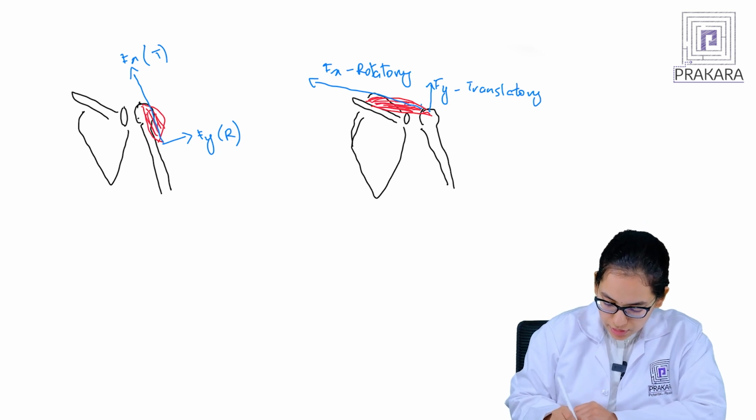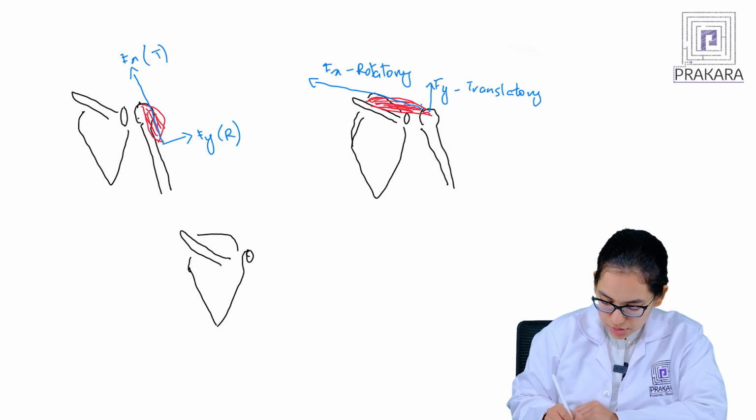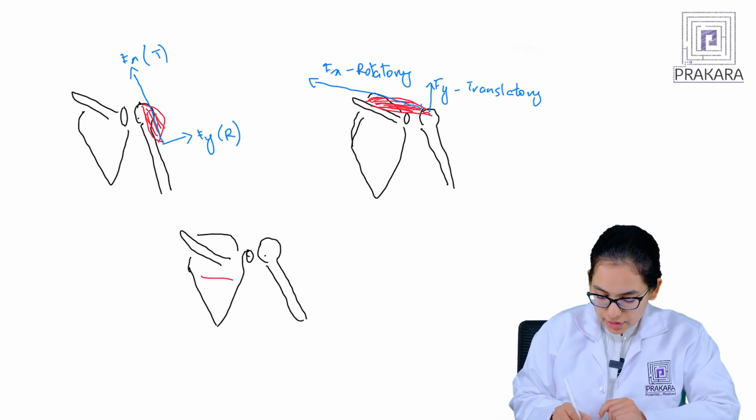Again here you have the glenoid fossa, you have the scapula, inferior angle, then the spine, supraspinous fossa. Then here you've got the humeral head. Now here you have the infraspinatus, which is covering the entire infraspinous fossa.